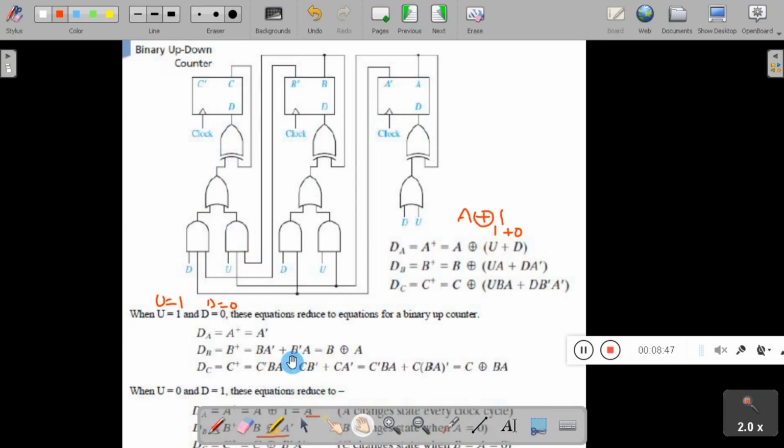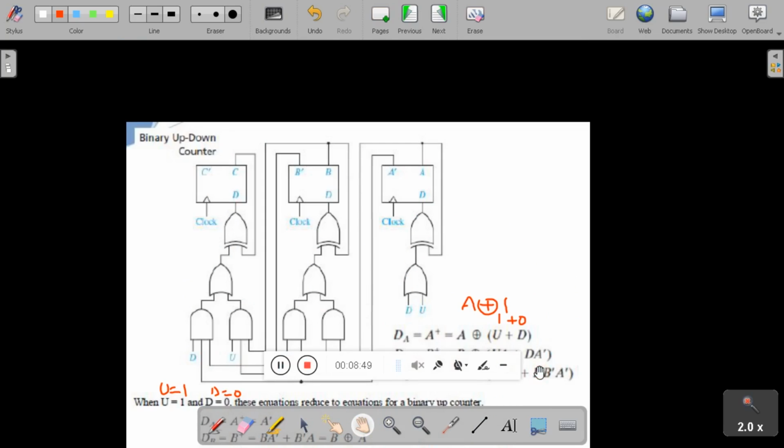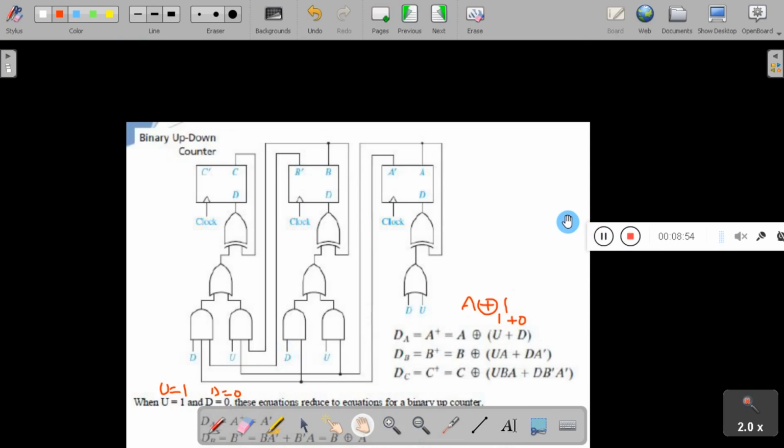Now let's write the output of the counter. So the output of the counter is this QA, this is QB, and this is QC.